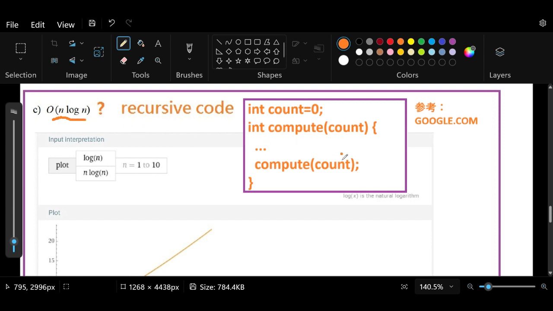Now, the other thing here is that if it's continuously calling itself, when is it going to end? That's why I put here dot dot dot, because in certain programs, depending on how you want to implement it, there would have to be a part that says no, we gotta exit, we gotta stop continuously calling ourselves. Maybe in this case, when the count has reached 9, that's when we leave.